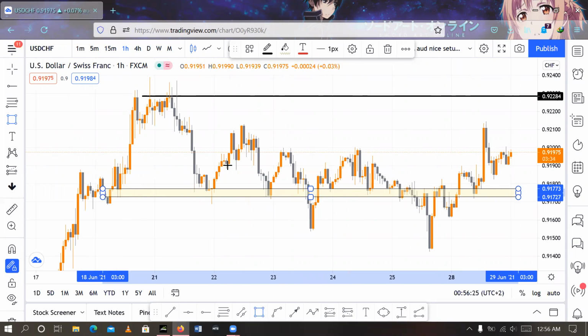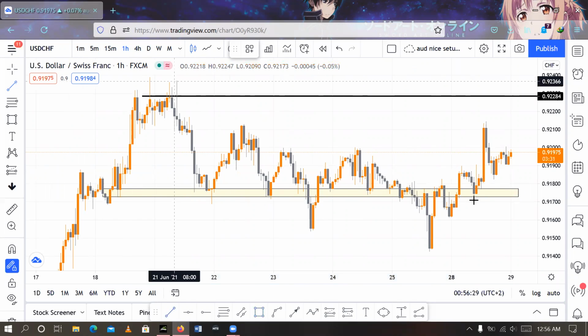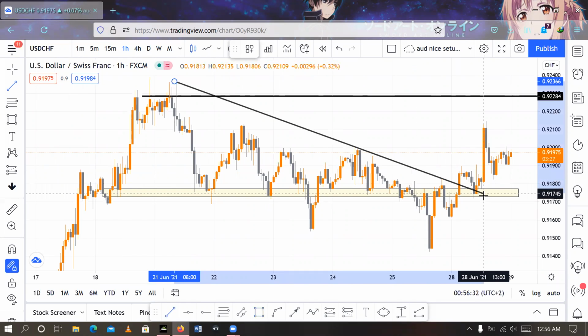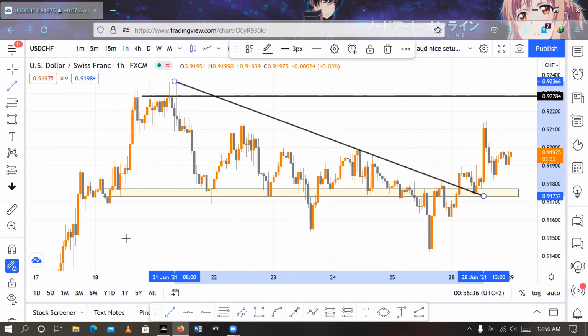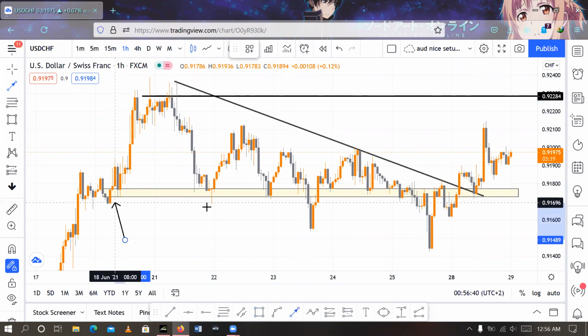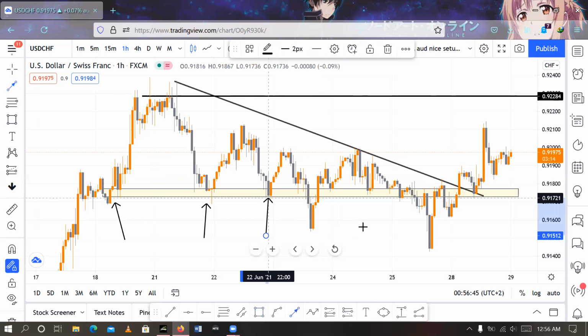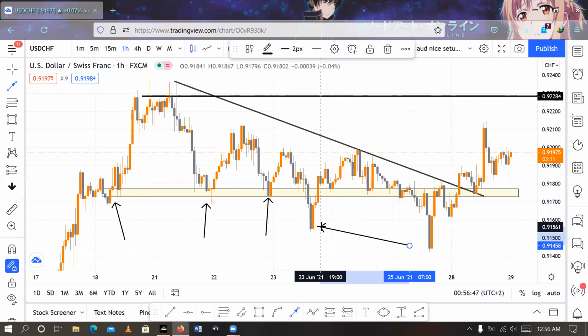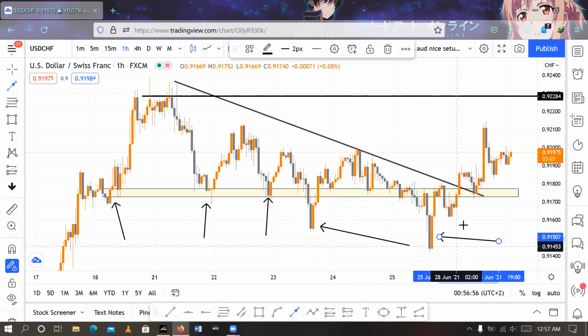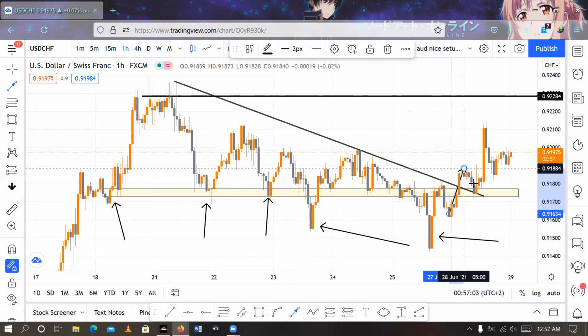Now, we can see that by applying the trend line here, we can clearly identify that this level has been tested multiple times, right, where we got a fake out here and also here. The market then proceeded to push to the upside here, where we got the retest at this level here.